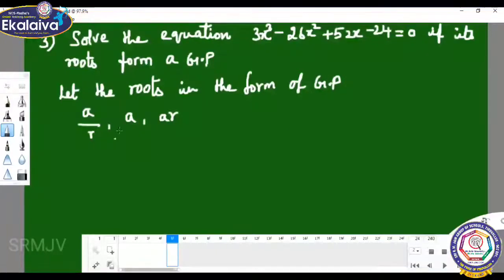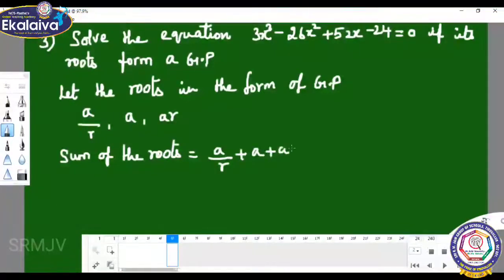So the sum of the roots is minus b by a. Sum of the roots equals a by r plus a plus ar. Taking a out commonly, a into 1 by r plus 1 plus r.